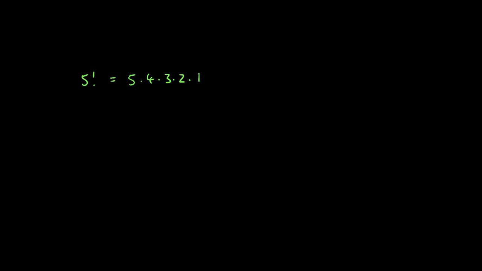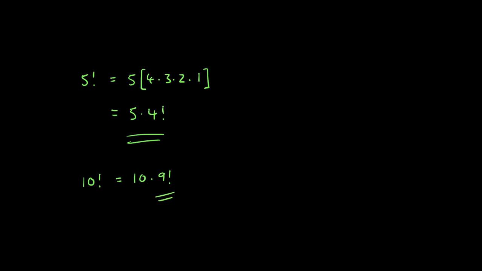Well, if I split the 5 off from the 4 times 3 times 2 times 1, I can rewrite this as 5 times 4 factorial, right? That's the same thing. And in a similar way, 10 factorial would be equal to 10 times 9 factorial, right? Because it's 10 times 9 factorial, which is 9 times 8 times 7 times 6.